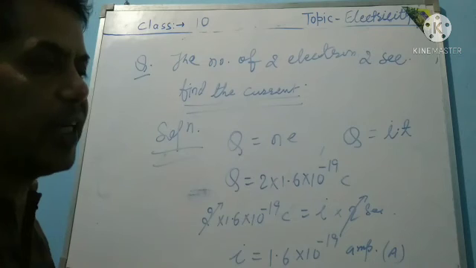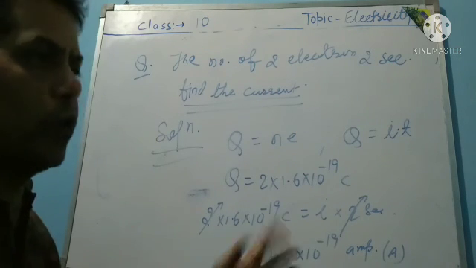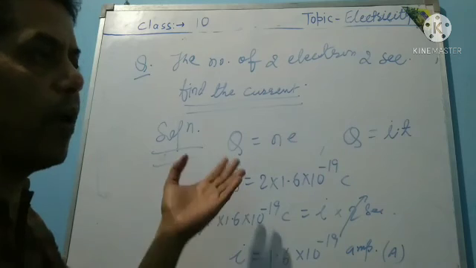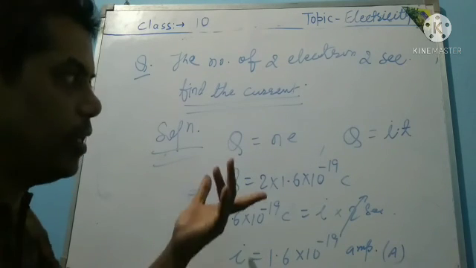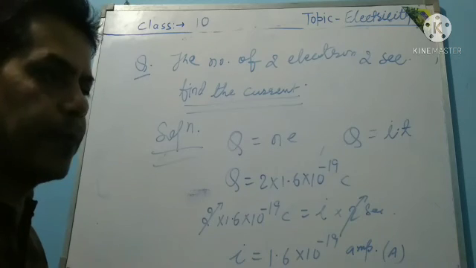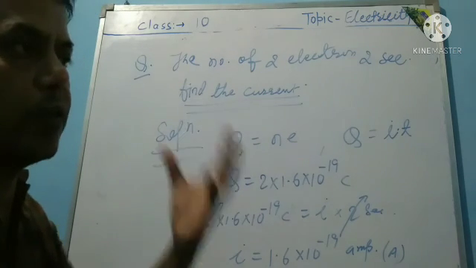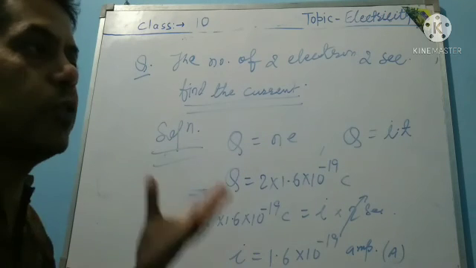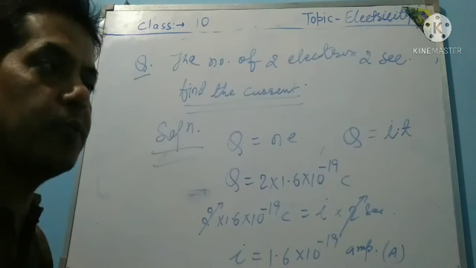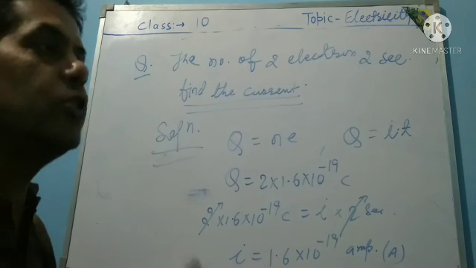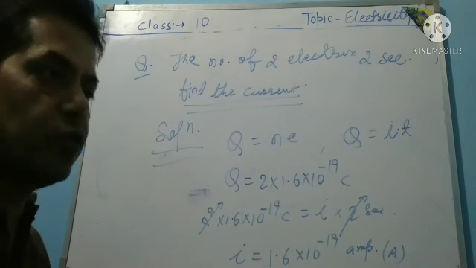If electrons are present in the outermost orbit, then electric current passes and flows. That is a conductor. When electrons are not in the outermost orbit, that is an insulator. So you define the conductor and insulator.